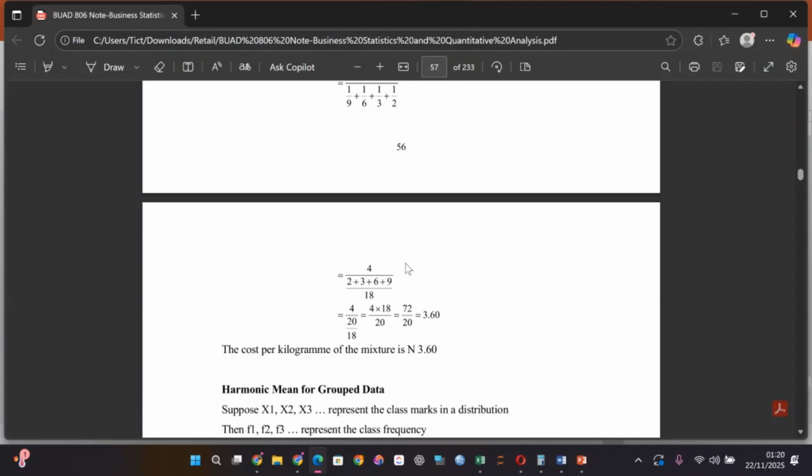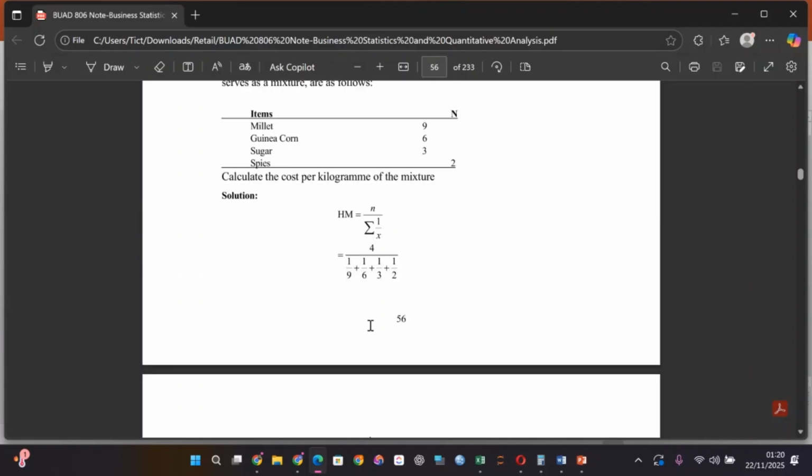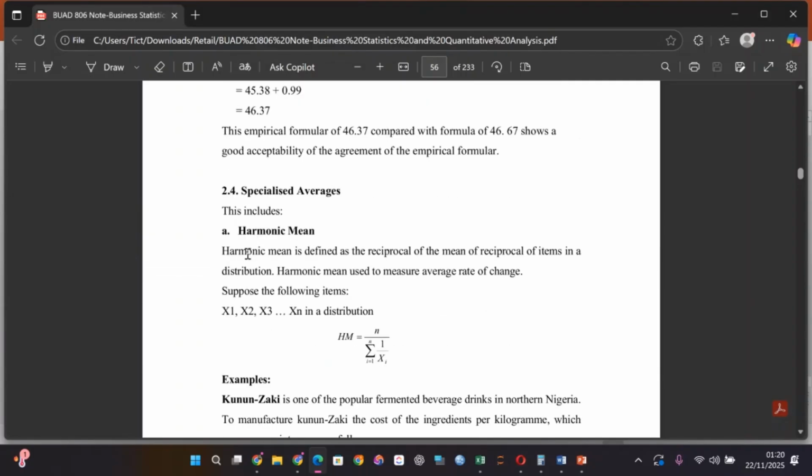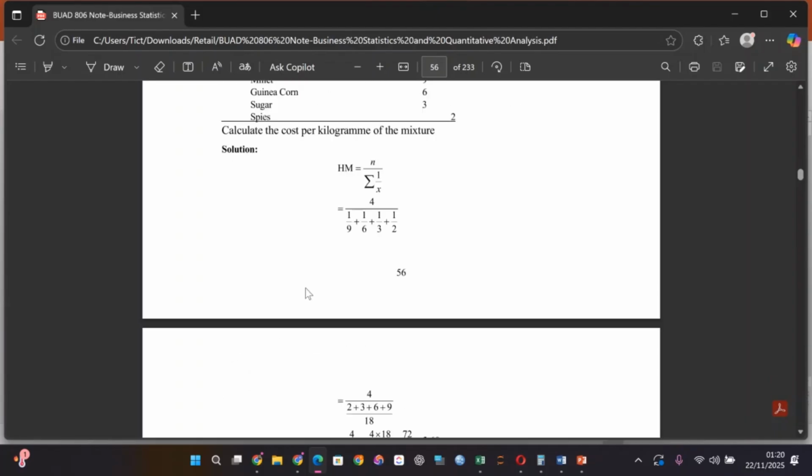So now we need to compute our reciprocal, because the definition of the harmonic mean says it is the reciprocal of the mean of the reciprocals of the items. Let's go down now.